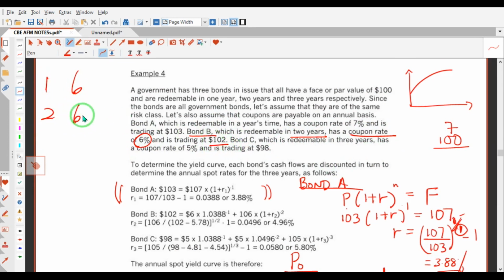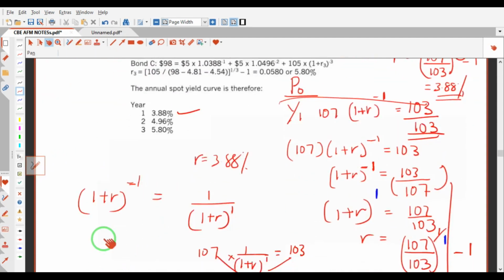And you're going to be getting at par $100. So all bonds are redeemable at par, redeemable in 1 year, 2 year, 3 year. So this is going to be redeemable in 2 years' time, has a coupon of 6, trading today at 102.